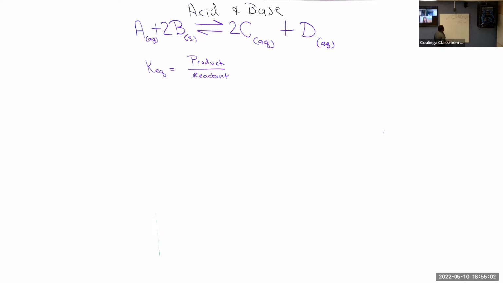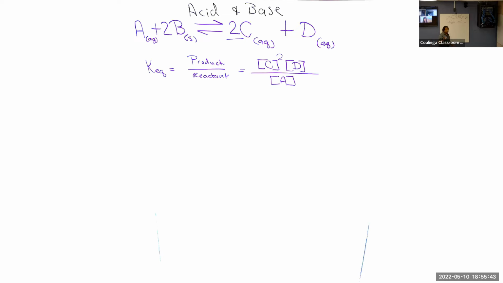In this case, the way we write it is, it's the concentration of C. Coefficients act as an exponent, so to the second power, times the concentration of D. This is 1, it has a coefficient of 1. And then it's over reactants, the concentration of A. Now we don't include B because B is a solid.